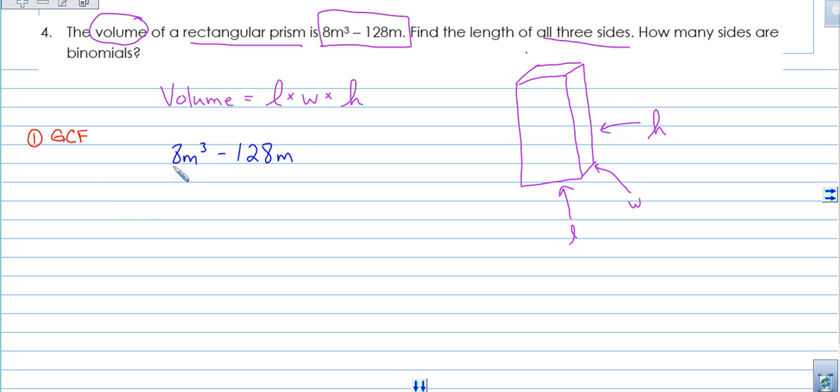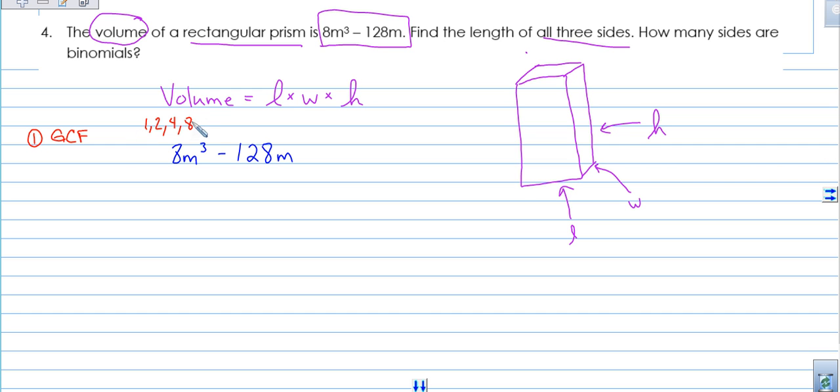So I say, well, what will multiply to give me 8 and also multiply to give me 128? Well, you want to use the smaller number to determine that, and you're going to find all the factors of it. So there's 1, 2, 4, and 8 are the numbers that will multiply to get me 8. And then you want to start with the biggest one and work your way down until one of them works.